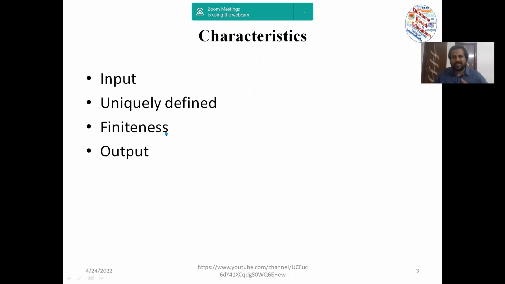If the methodology goes on without any ending, then you never reach the end of the problem. So the methodology should be finite, and that is the characteristic finiteness. Your steps should be finite, and finally you will get the required output. That is your solution. So these are the characteristics: input, uniquely defined, finiteness, and output.